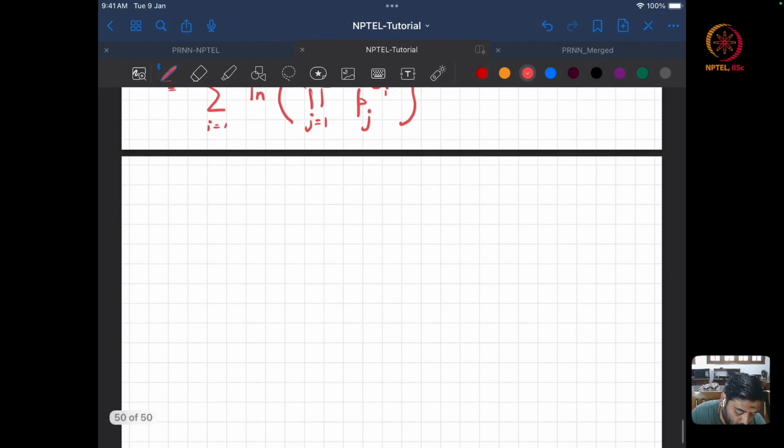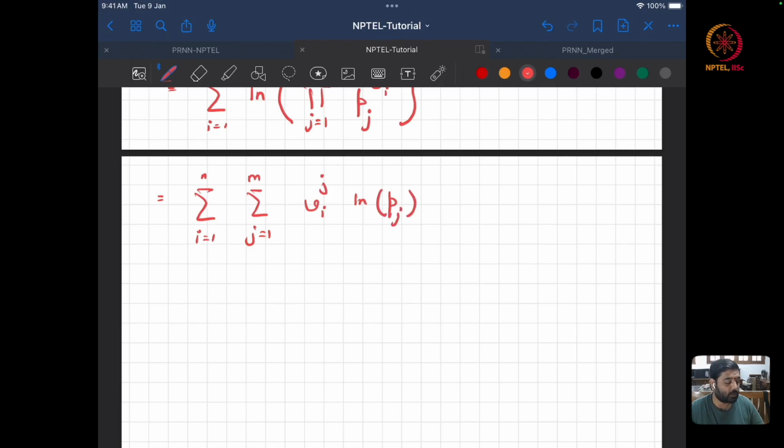Okay, so log of products, we know how to take care of it. Summation i equal to 1 to n, j equal to 1 to m, vij log of pj.